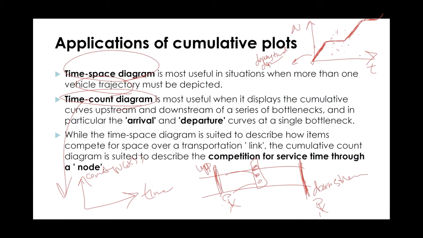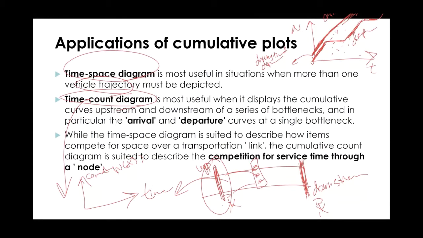When the traffic light is green, I would count probably the same number of vehicles in the downstream and upstream, so it would be almost the same as the departure curve. So the arrival curve goes up, and it continues to go, if this is sufficiently upstream of the signal, so it doesn't get interrupted by the queue of vehicles. This would be the arrival curve. This would be the departure curve.